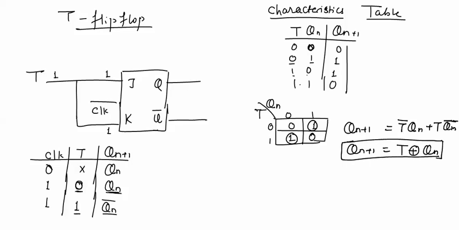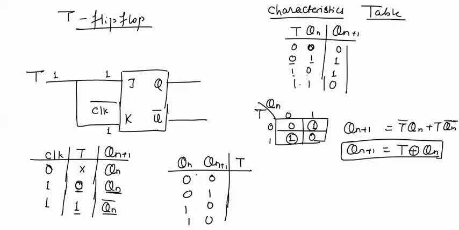Now we'll draw its excitation table. Now if output changes from 0 to 0, means output is not changing, previous output was 0, next output is also 0, here T will be equal to 0.